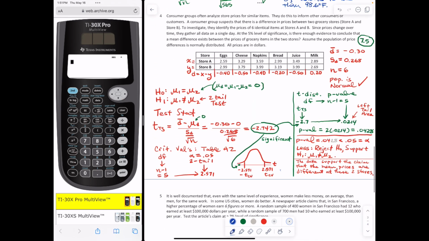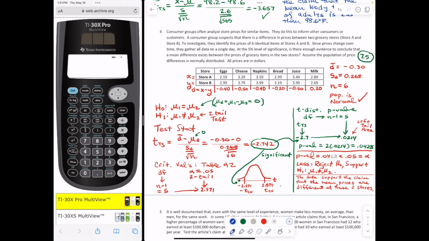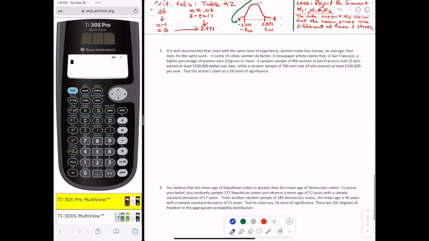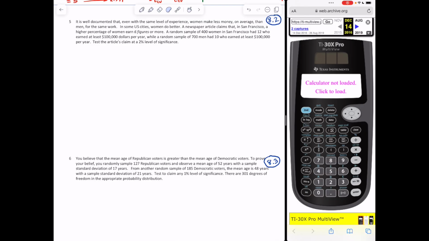Fourth one, 7.5, as I already mentioned. So the fifth one is going to be 8.2. And the next one will be 8.3, just FYI, in case you want to go back and look at those. Okay, so let's get going on this next problem, number 5.